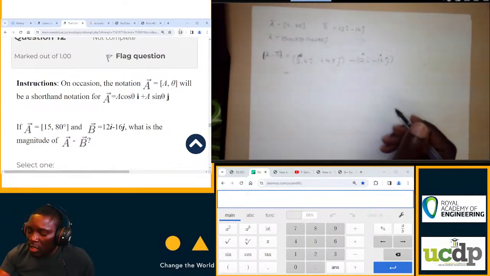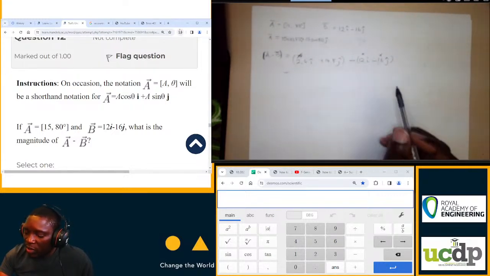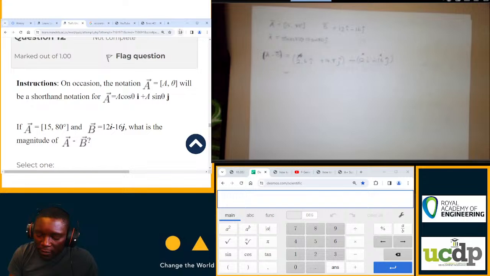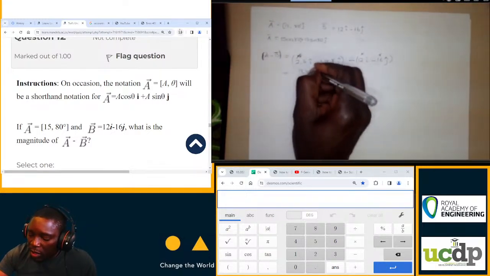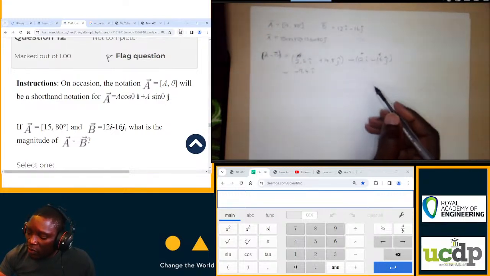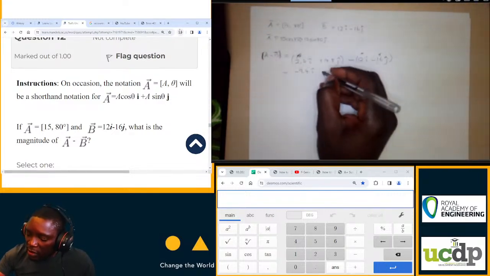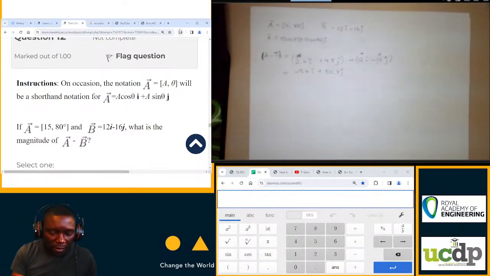Taking the components that are both in the i direction, we've got 2.6i minus 12i. That should give us negative 9.4i. Then 14.8 minus 16 is negative 1.2j.